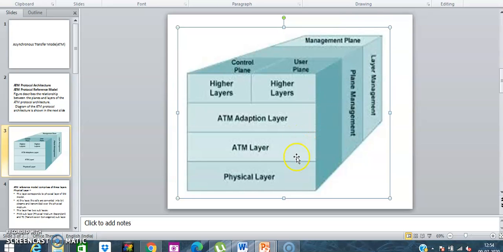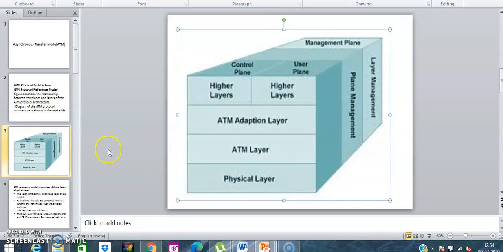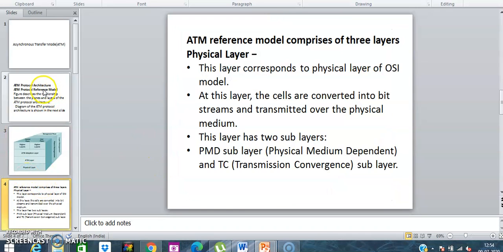Coming to the physical layer. This layer corresponds to the physical layer of the OSI model. The physical layer is responsible for managing the medium-dependent transmission.